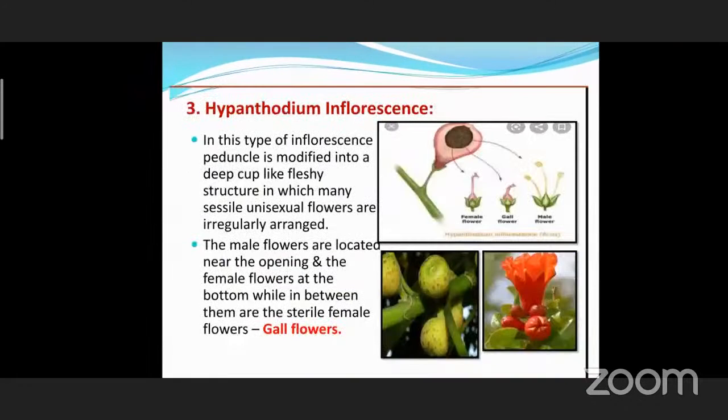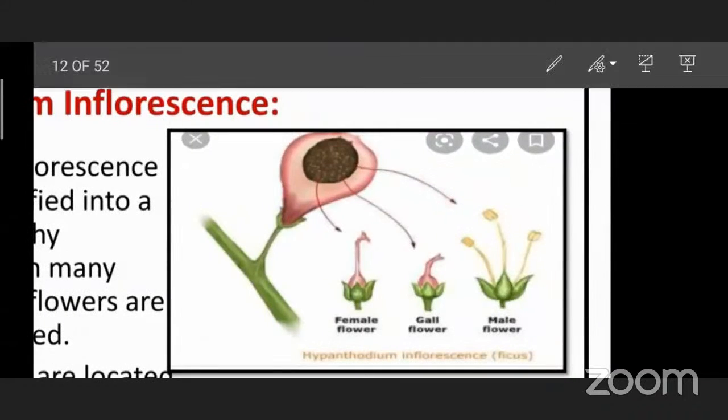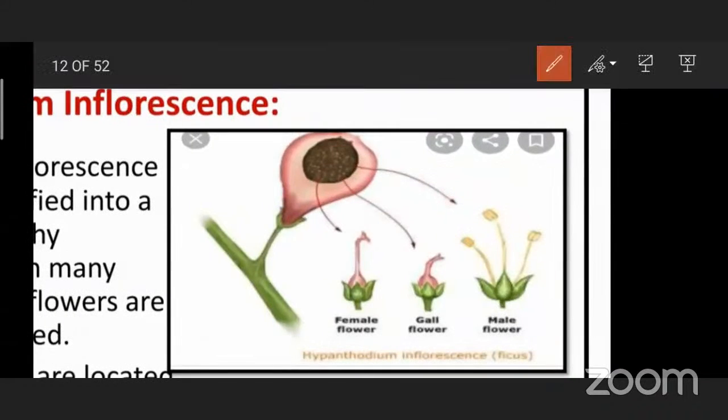And third special type of inflorescence, that is hypanthodium inflorescence. In this type of inflorescence, the peduncle is modified into a deep cup-like fleshy structure. See here, this is hypanthodium inflorescence.